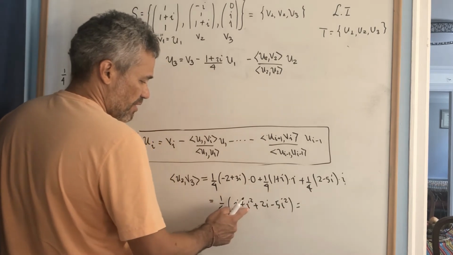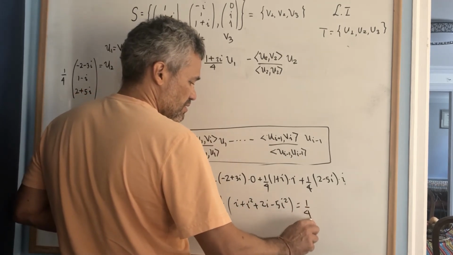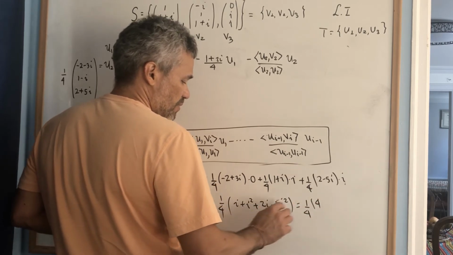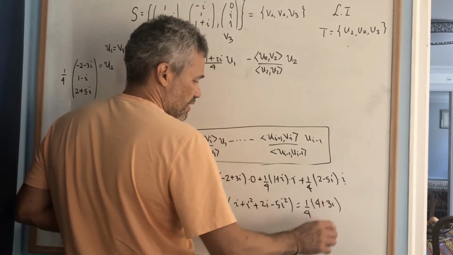This is 5 minus 1 is 4. Then this is 1 quarter times 4, and I plus 2I is 3I.